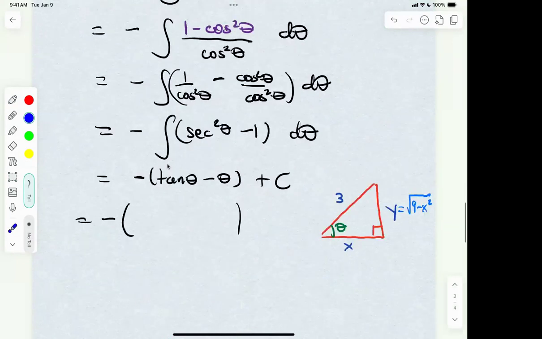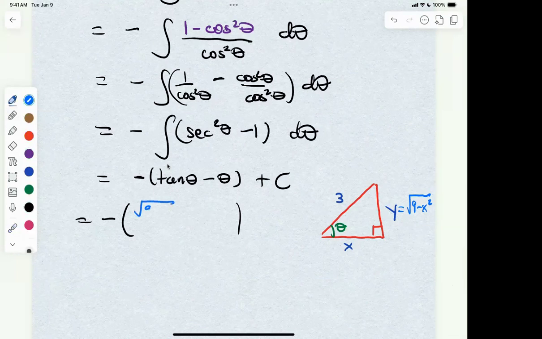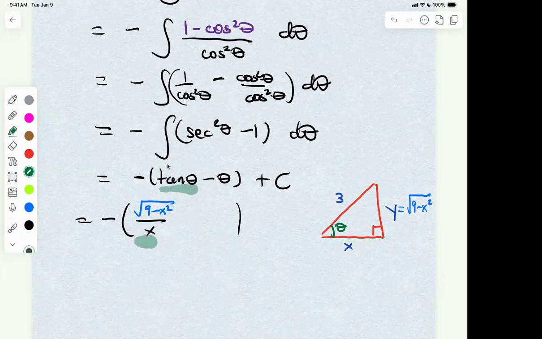So in this case, you can think of the tangent as just being, what? Let's put it here. It would be root of 9 minus x squared divided by x. That's what the tangent equals. So let me just put this here.